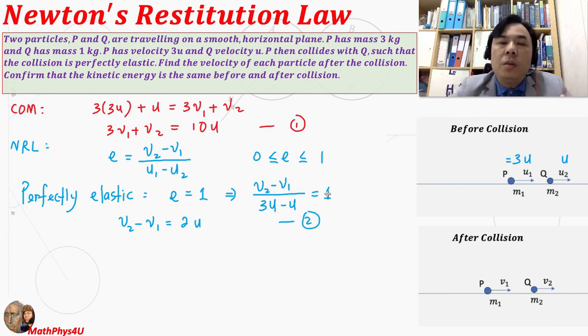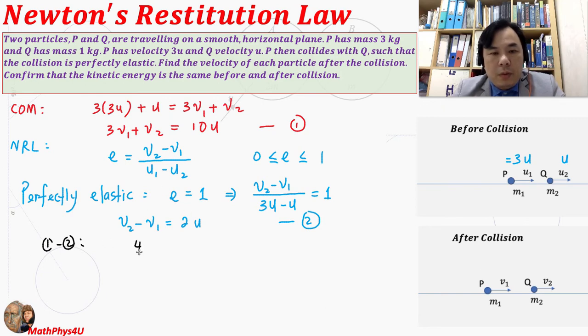So solving this using Newton's restitution law is much less risky, I would say, because it involves linear simultaneous equations. We can solve this quite easily using the elimination method, taking equation 1 subtract with equation 2.